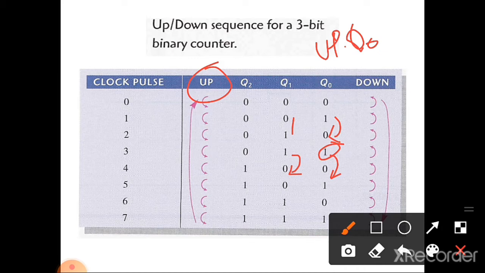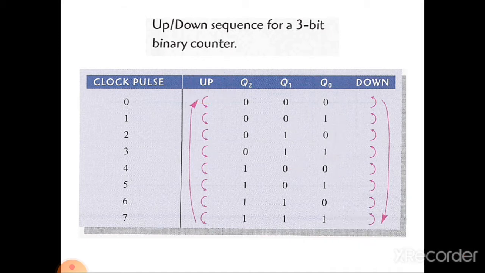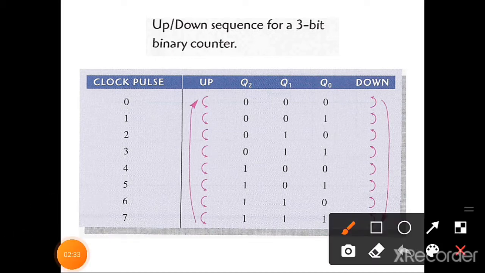Then for the case of a down counter, when will it change? Q1 changes from 1 to 0 when Q0 moves from 0 to 1.